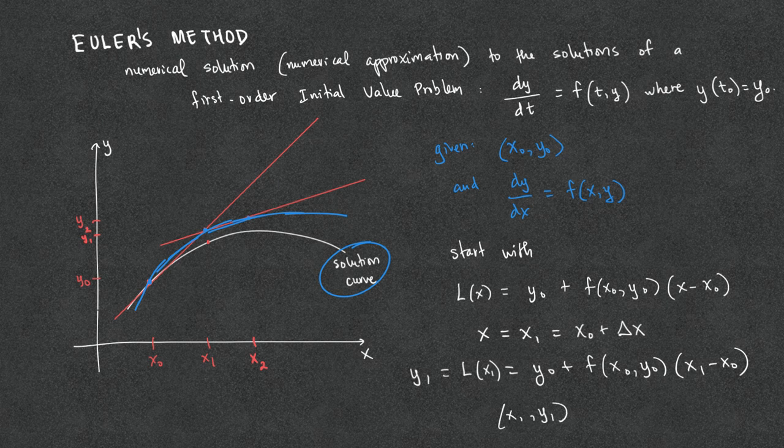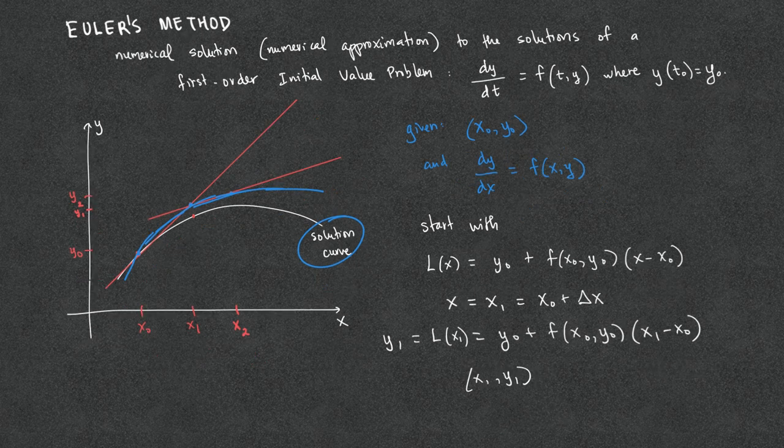Along with the differential equation, we find another equation. This time, the linear equation is y1 plus f(x1, y1) times (x minus x1), where f(x1, y1) is the slope at the point (x1, y1).